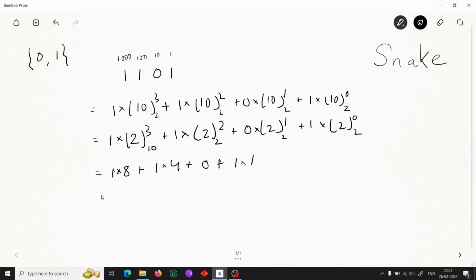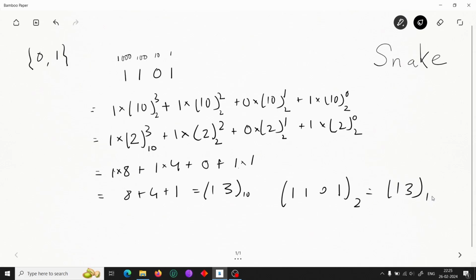Now this would equate to 8 plus 4 plus 1. That would simply be 8, 12, 13. It would be 13. This would be in base 10. So we went from 1101, which is in base 2, to 13 in base of 10. We finally did our first binary to decimal conversion, guys.